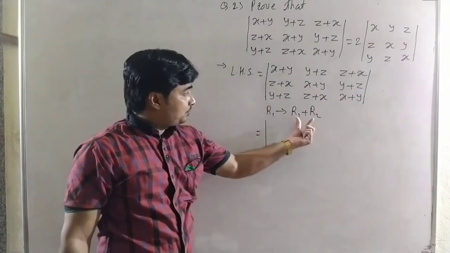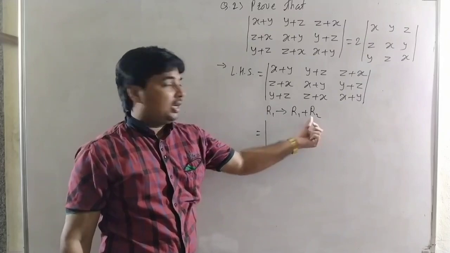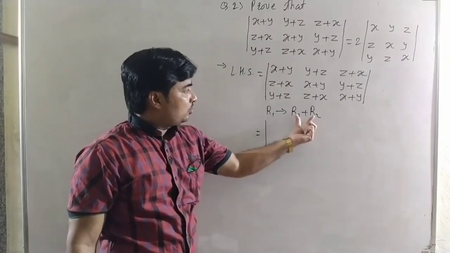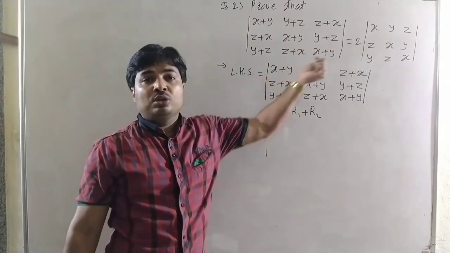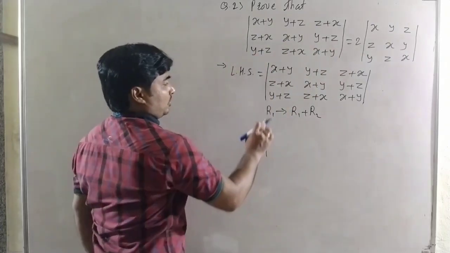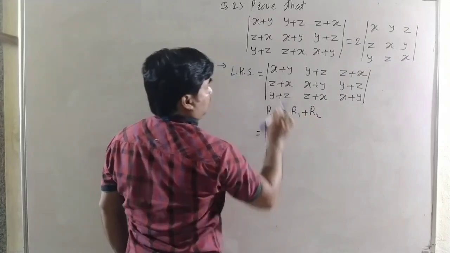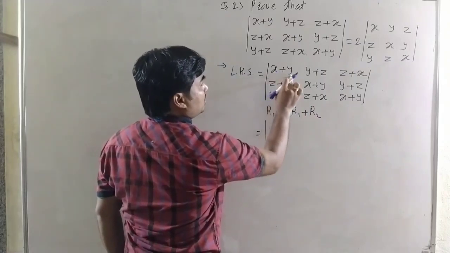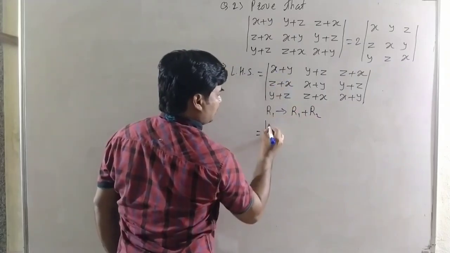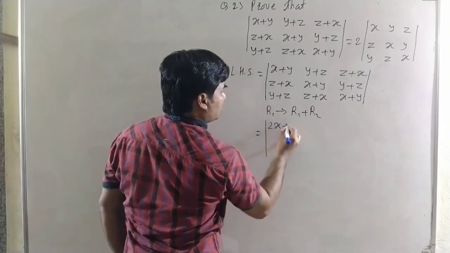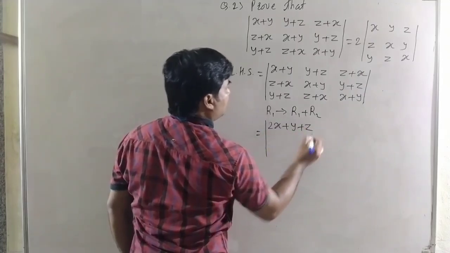We add R1 and R2, and replace this R1 plus R2 in row 1. Therefore, in place of row 1, we write R1 plus R2: x plus y and z plus x, that means 2x plus y plus z.